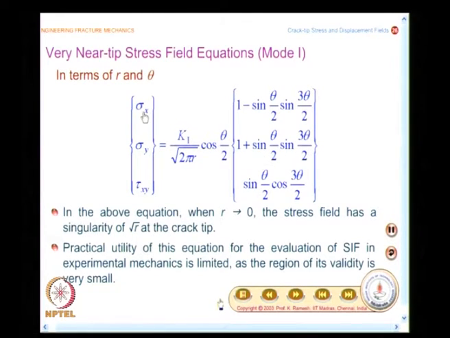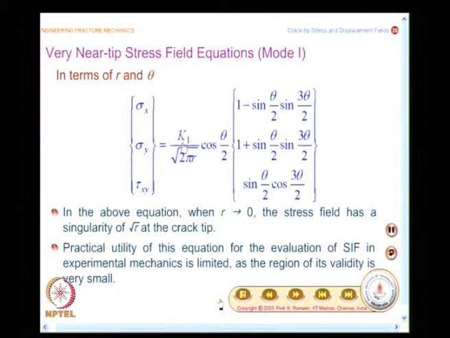See, if you look at the components sigma x, sigma y, tau xy, the strength of all of these is determined by the value of K. So, the strength of the field is dictated by this, that is why you call this the stress intensity factor, and the field variation is defined by r comma theta.